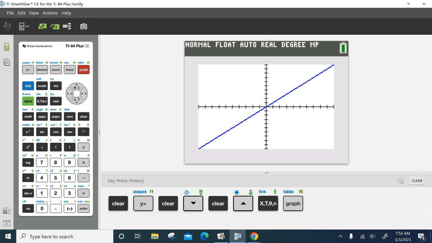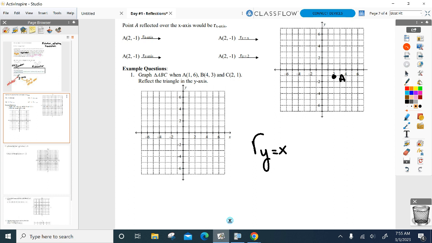You can only count if you're reflecting over horizontal and vertical lines. So how do I reflect over that line? Well, it's got to be somewhere over here, right? I'm just going to have you remember the rule. There's no counting when it's a diagonal line. The rule: flip the x and y coordinate.